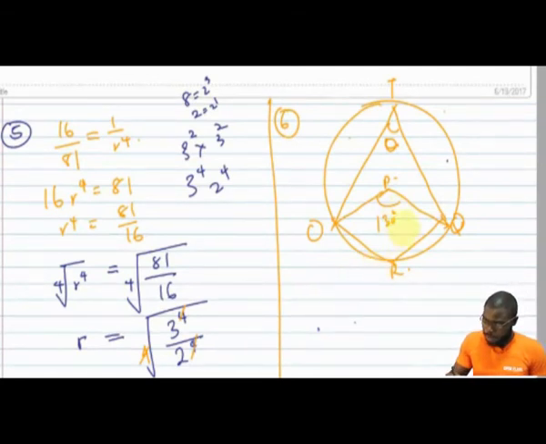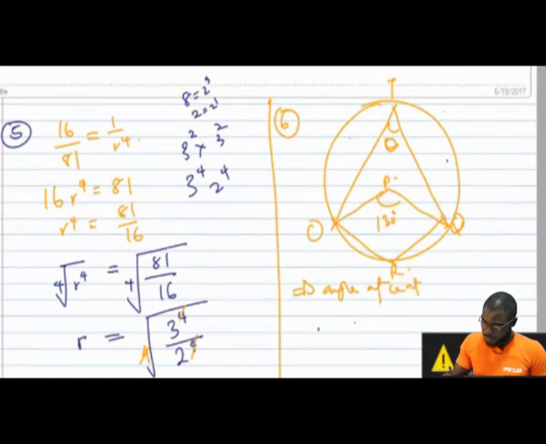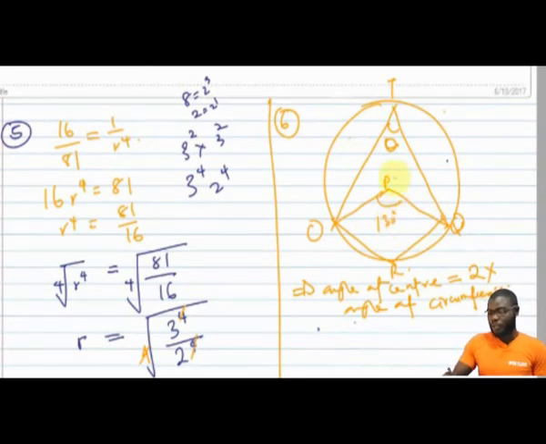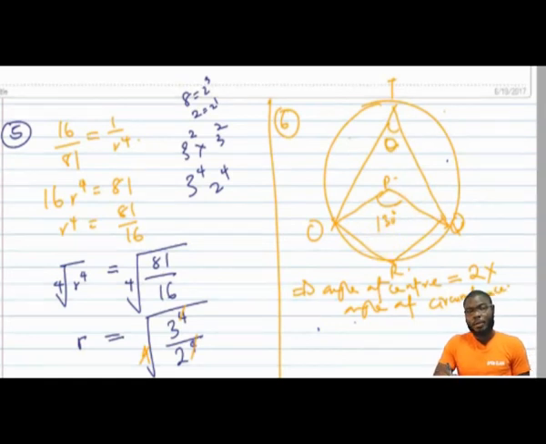The theorem that you need here is called angle at center, which is equal to twice the angle at circumference, provided they are subtended by the same arc.